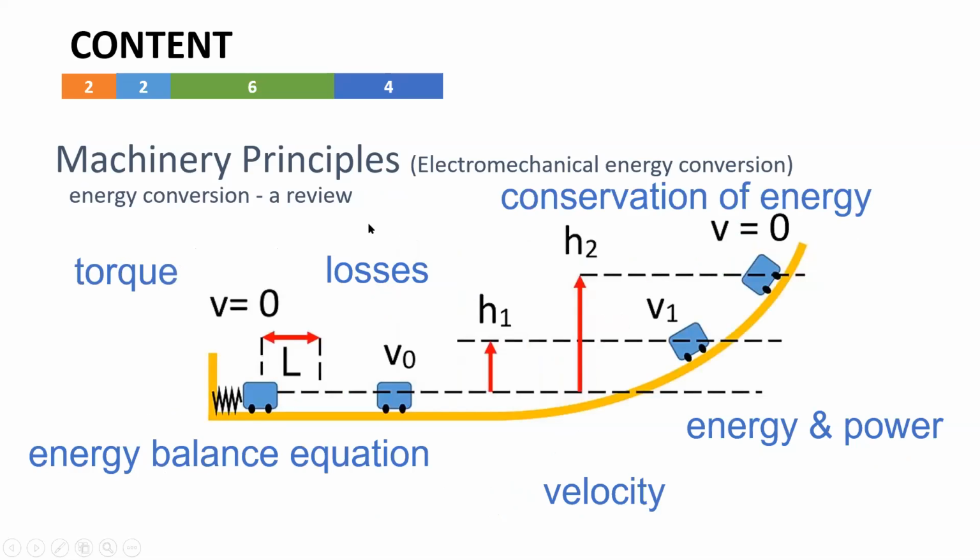Thereafter we are going to discuss the conservation of energy, something you are already familiar with, but still we are going to extend this to the level of what we call the basic machinery applications, right?